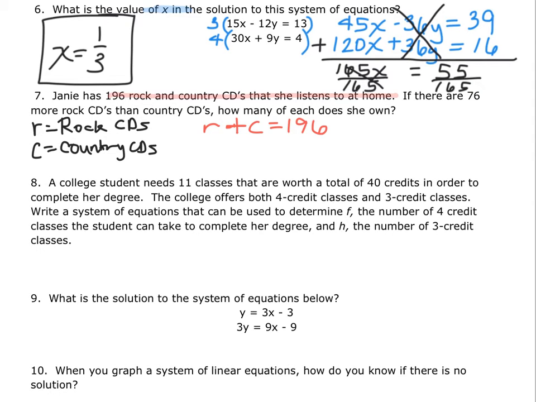Here it says she has 76 more rock than country CDs. All right, so to write that equation, I'm going to start out with R equals or C equals? R equals, because the number of rock CDs is 76 more than the country.